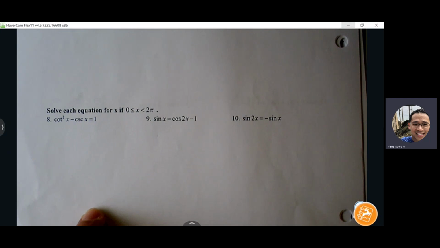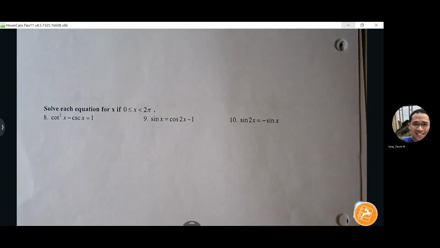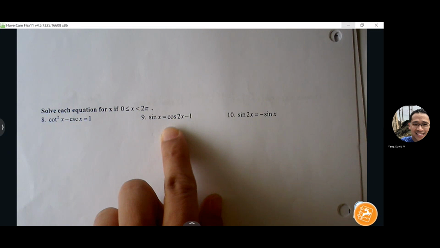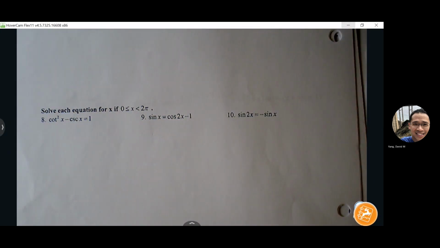Okay, so let's pick up number 9, page 24. We'll finish up with 9 and 10, and then to the back page.